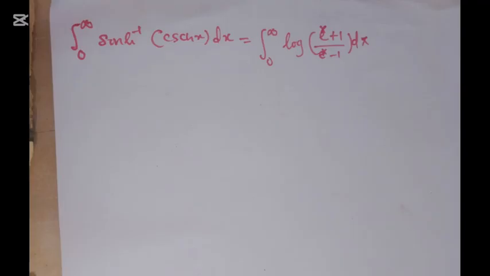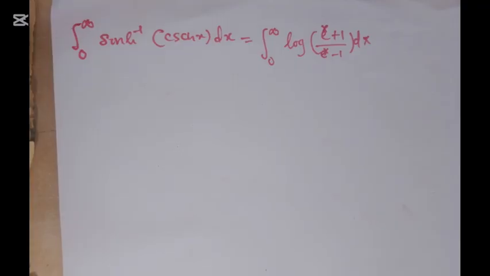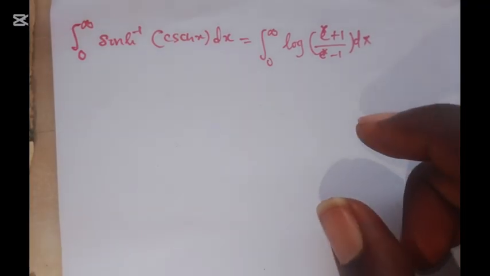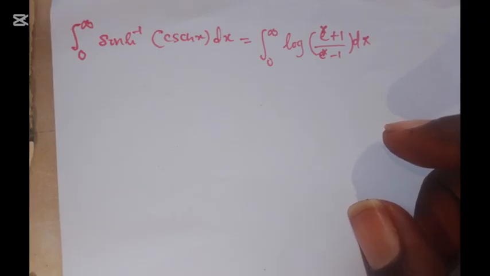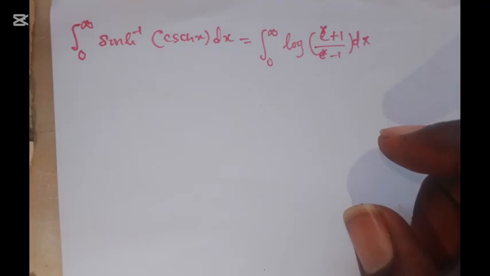Let's do that now. All right, so we have the integral from 0 to infinity of arcsinh of cosec x dx, which is now equal to the integral from 0 to infinity of log exponential x plus 1 over exponential x minus 1 dx. So that is what we have now.